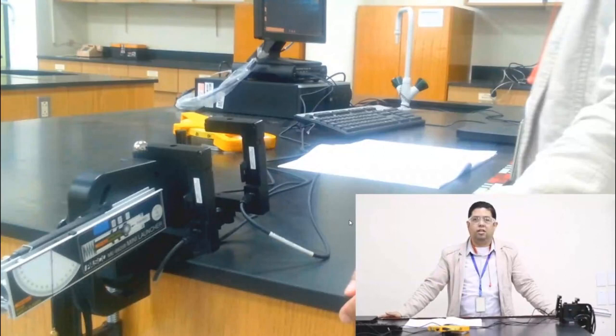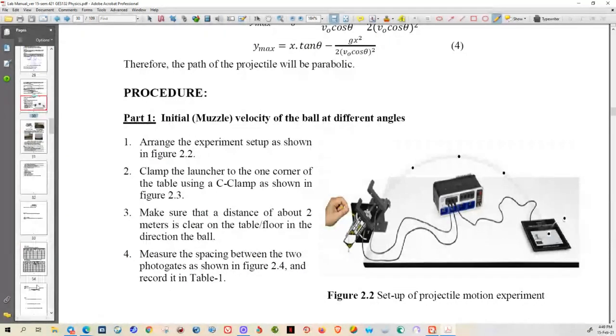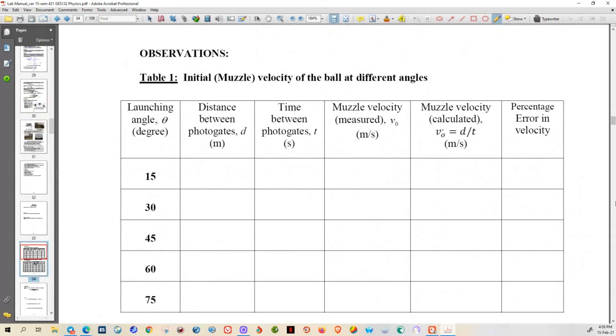What I'm giving you now is the information for you to make table number 1. Let's go to table number 1 from your data sheet. In table number 1, you will set the angles. Any angles will do, but we have chosen several angles to make it more simple. The distance between the photo gates is 10 centimeters.